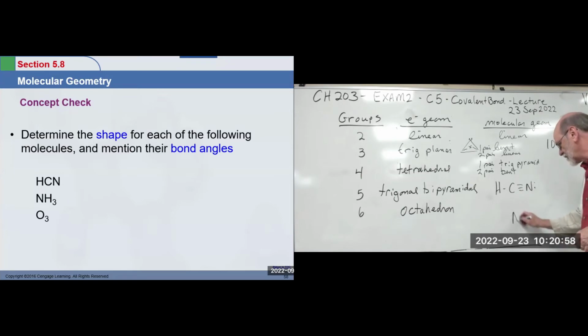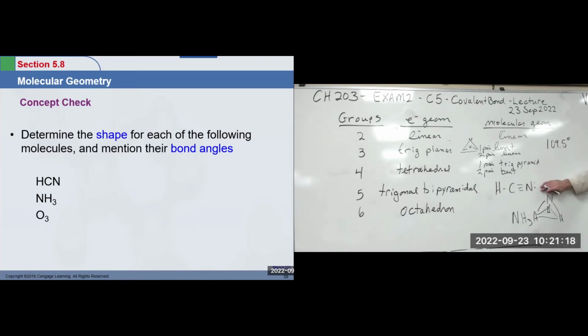NH3. We know that one because we drew it like this. Hydrogen here, that's in the back, right there. So our electronic structure would be tetrahedral.